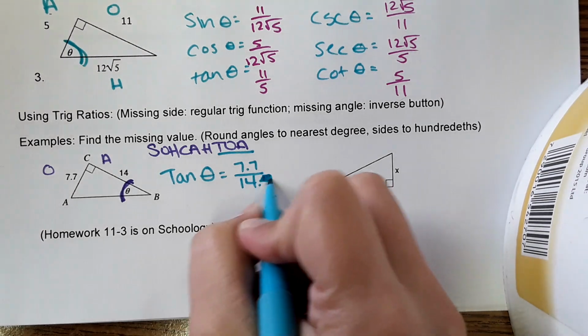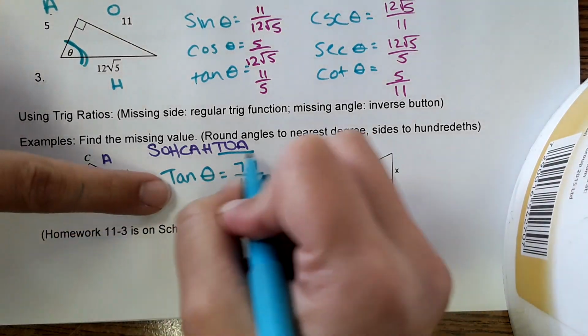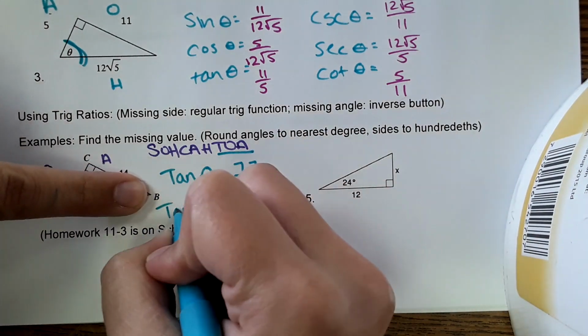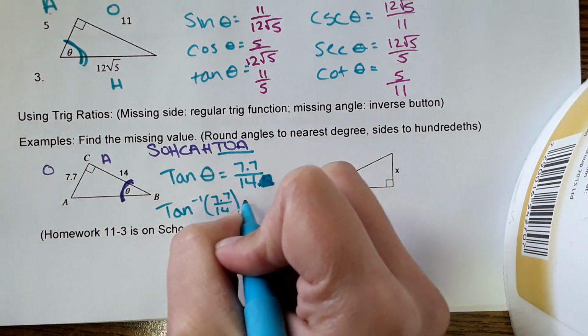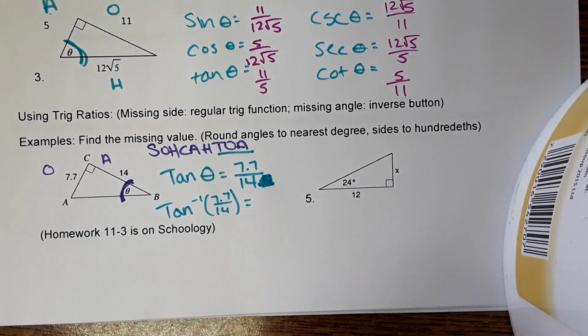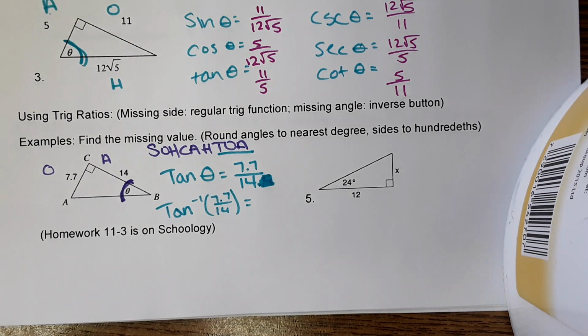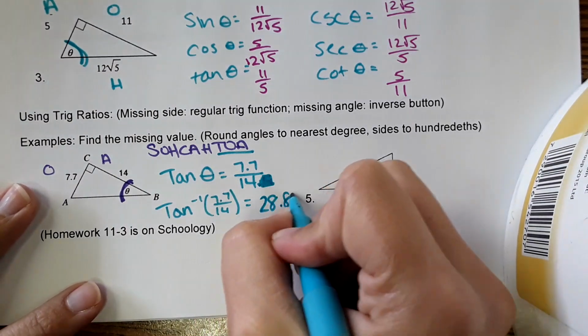Yeah, I don't know why I wrote 14. That was weird. Okay, so in the calculator, you would do second tan, or tan to the -1, 7.7 over 14, and then when you plug this in a calculator, you get 28.8 degrees.